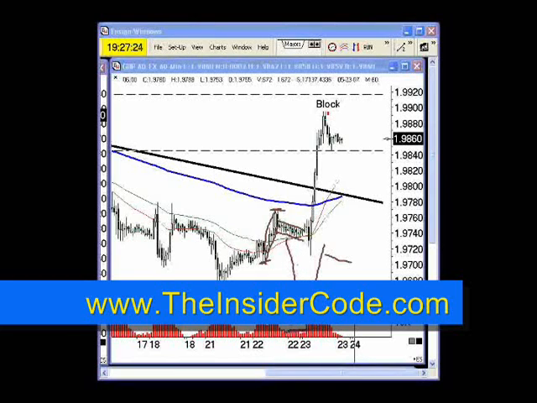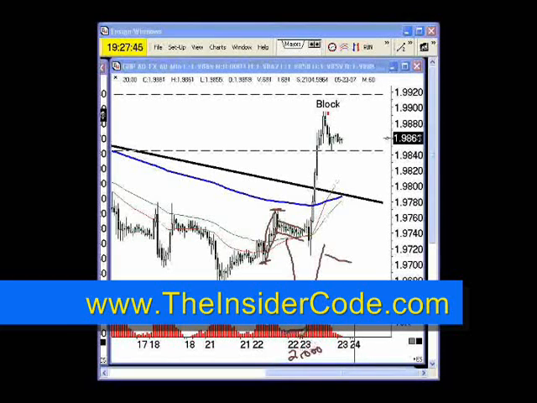In fact, the volume goes from about 12,000 contracts per hour down here to about 2,000 contracts per hour. So you have a big drop in the total number of trades that are going on.